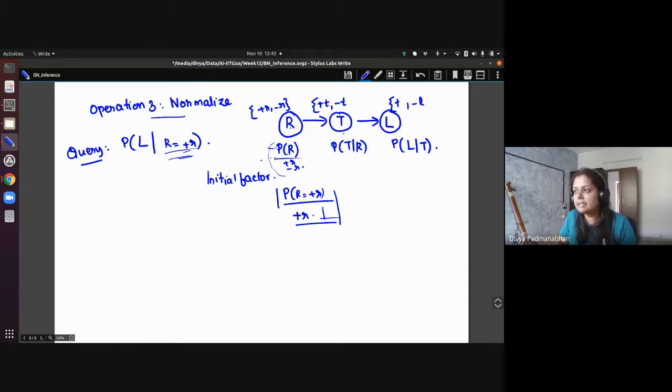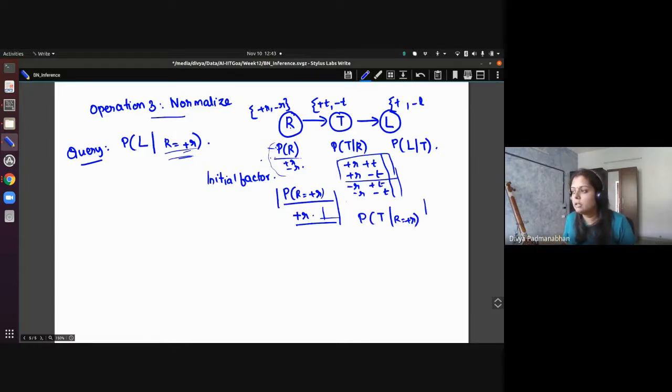Similarly, in this table, T given R, what you have is plus R plus T, plus R minus T, minus R plus T, and minus R minus T. So what you have in your initial factor is just this part. Of course these values are there, but you're interested in only this. So that's all that remains: P of T given R equal to plus R. That's another factor.